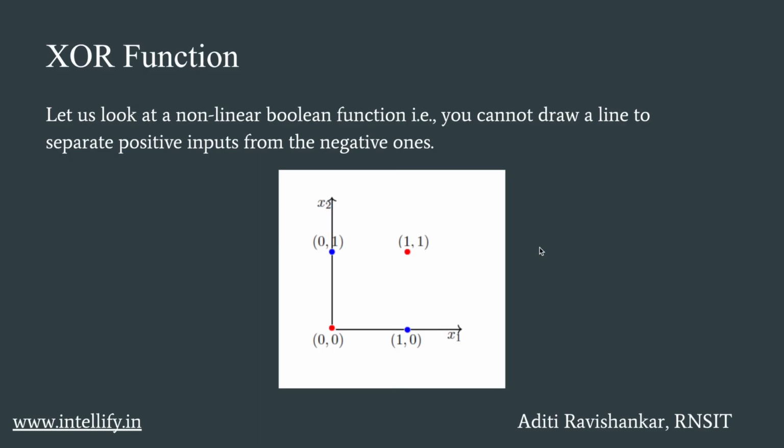So in this case, can you think of drawing just one line, anywhere, as a distinction boundary that distinguishes between the two classes of outputs? It is not possible in this case.